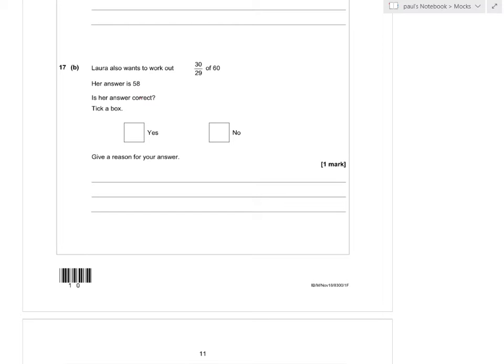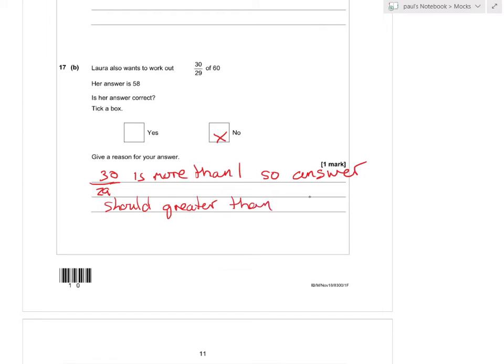Is this correct? No. 30 over 29 is more than 1. So the answer should be greater than 60.